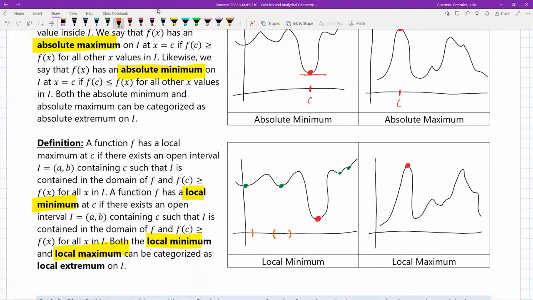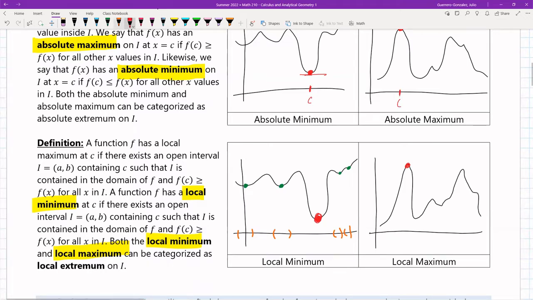That makes sense right there. Another one, another one. I can draw a little interval where over that little interval, it is the smallest value, okay? As opposed to this point right here, where it is the absolute smallest value for everything, okay?